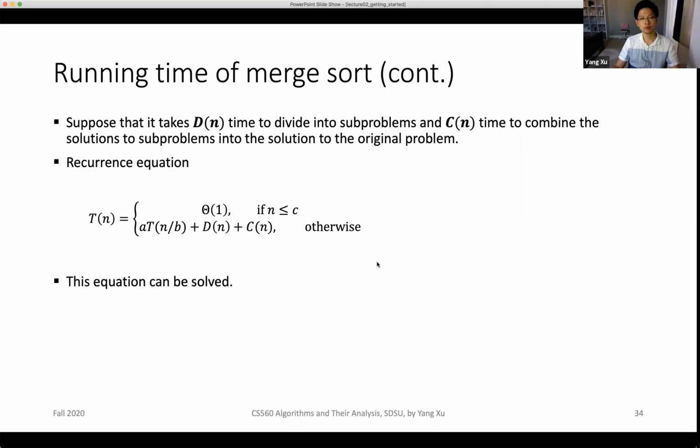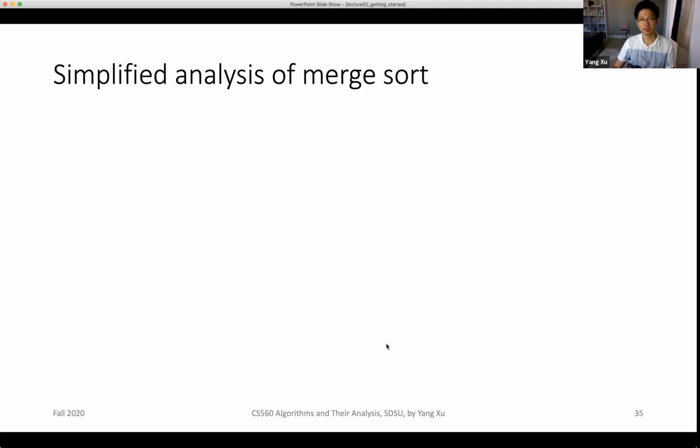So the recurrence equation can actually be solved if we know the values and the forms of the functions. Basically, all kinds of divide and conquer algorithms yield such a form of running time, including our merge sort. So now we look at the recurrence equation in the context of merge sort.